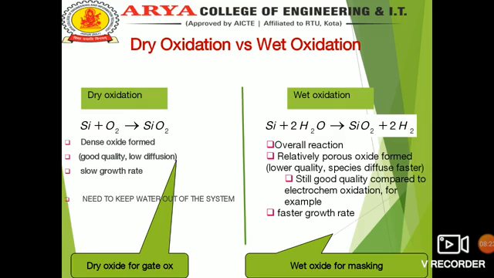A relatively porous oxide is formed, which means lower quality, species diffuse faster, still good quality compared to electrochemical oxidation, with a faster growth rate, and wet oxidation is used for masking.